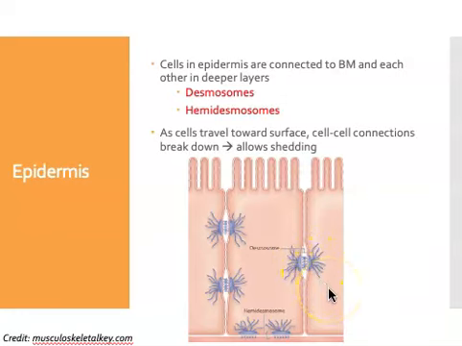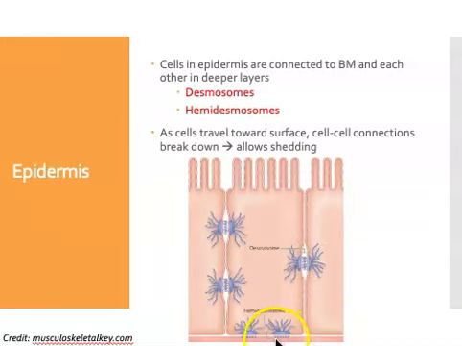sort of like anchors. I like to think of desmosomes as being analogous to two Lego bricks that come together and join together. Now, the only difference between one of these desmosomes and a hemidesmosome is that the hemidesmosomes are basically one half of the desmosomes.